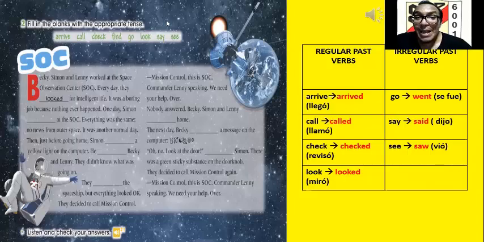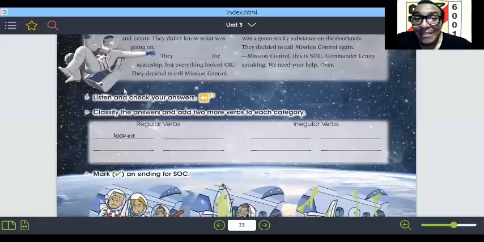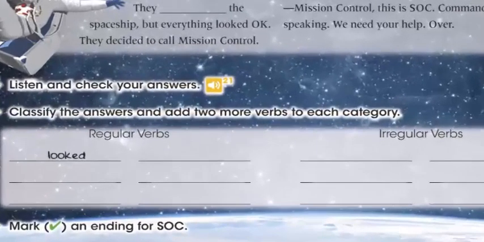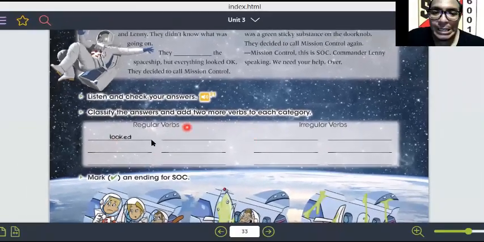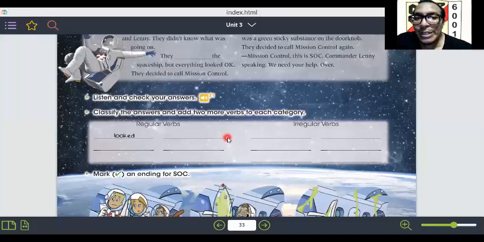We have: classify the answer and add the more verbs to each category, right? Entonces según la tablita que hemos visto antes, aquí por favor distribuye y clasifica cuáles son regulares y cuáles son irregulares. Right? Okay, that's it that we are going to do for this activity. Esto también está fácil. Completa con lo que hemos aprendido. ¿Cuáles son los verbos regulares y los verbos irregulares que acabamos de ver en una tablita?